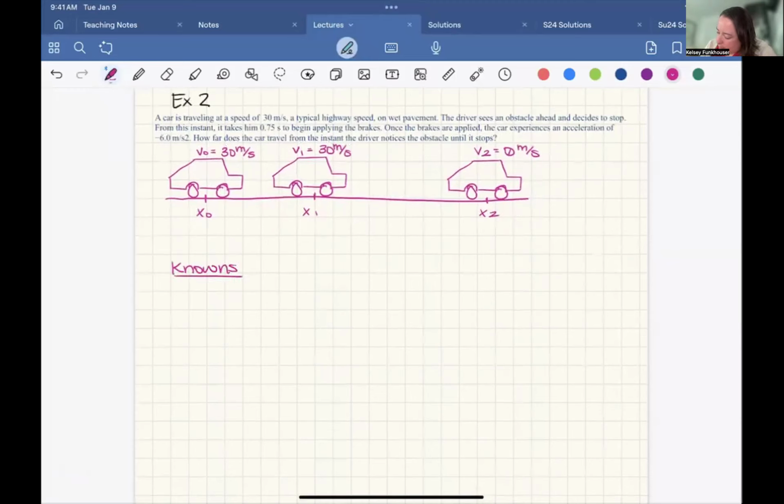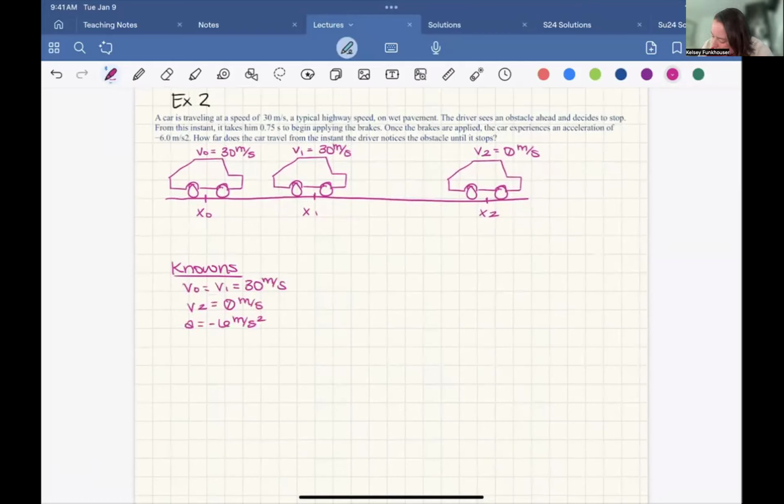We'll see. Okay, so let's do those velocities that we know. The initial velocity and the velocity at position 1, those are both 30 meters per second. Final velocity, which we're calling velocity 2, is 0 meters per second. Acceleration is negative 6 meters per second squared.